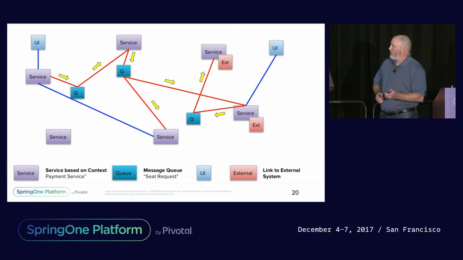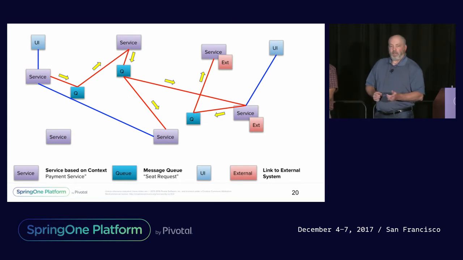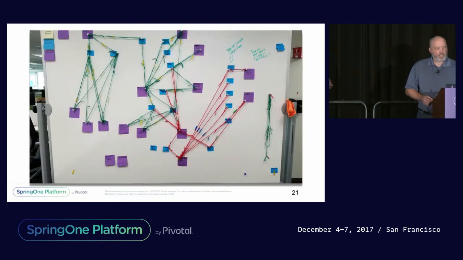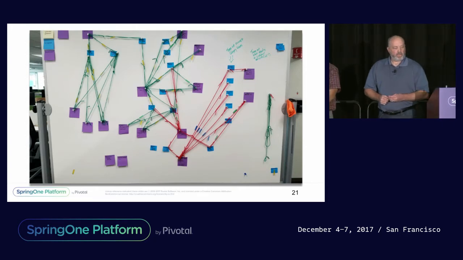Or if you want to do the activity of saying, can we do something where you have services that are both synchronous and asynchronous? Or if we wanted to make a change to service B and then move it to a different location, let's just point it to a different queue. Does that work?